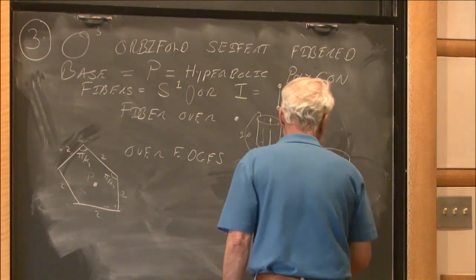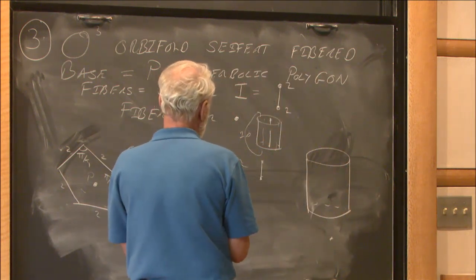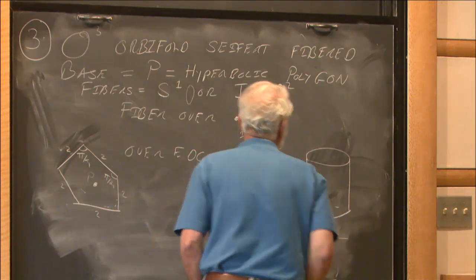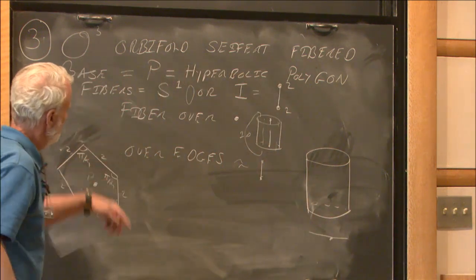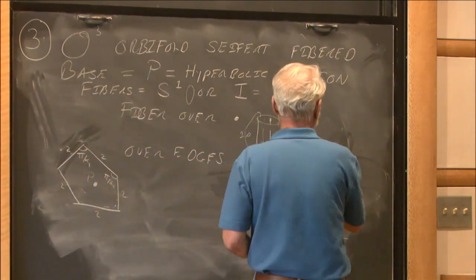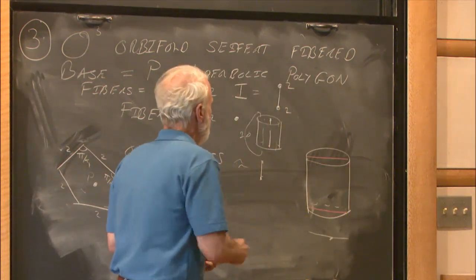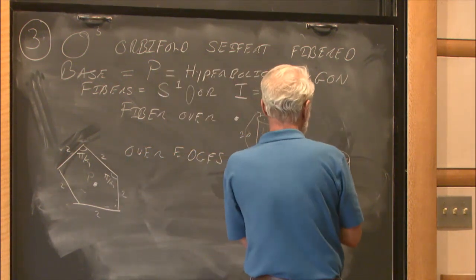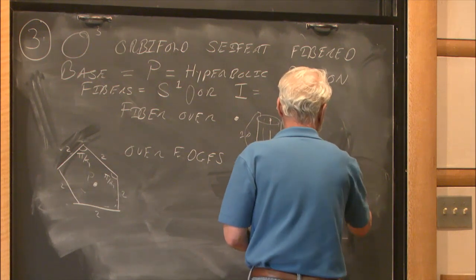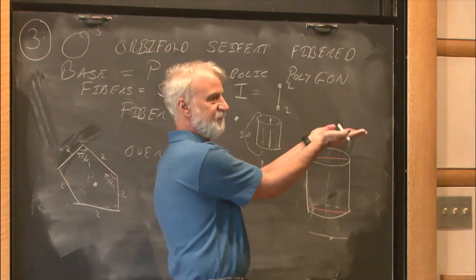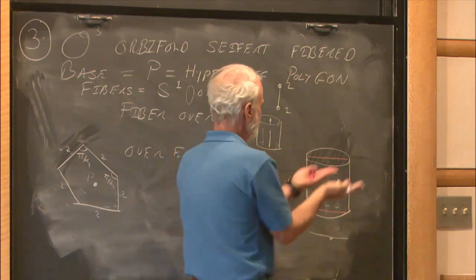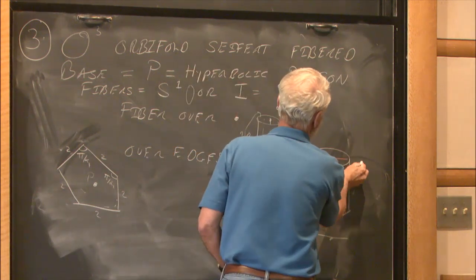So for a point here, there's a whole edge that this pushes down to over here. And if I take an interval here, again with the product foliation on this cylinder, I just fold the top and the bottom.